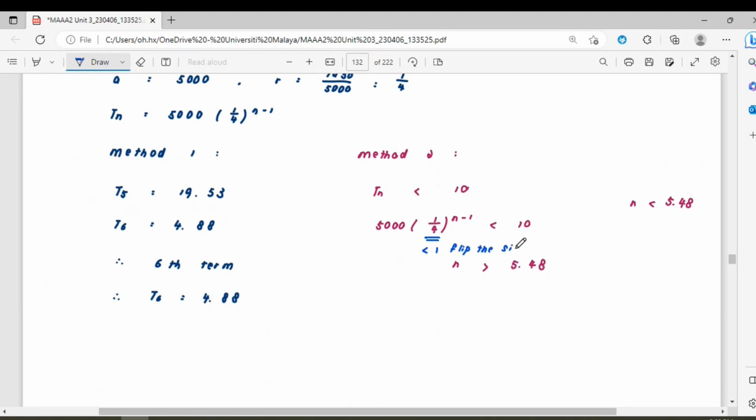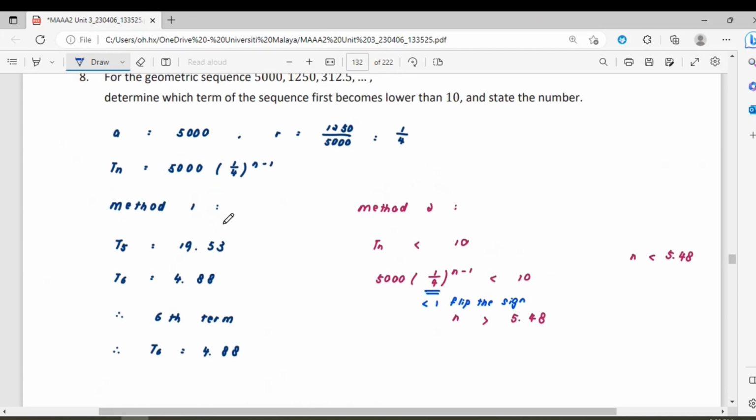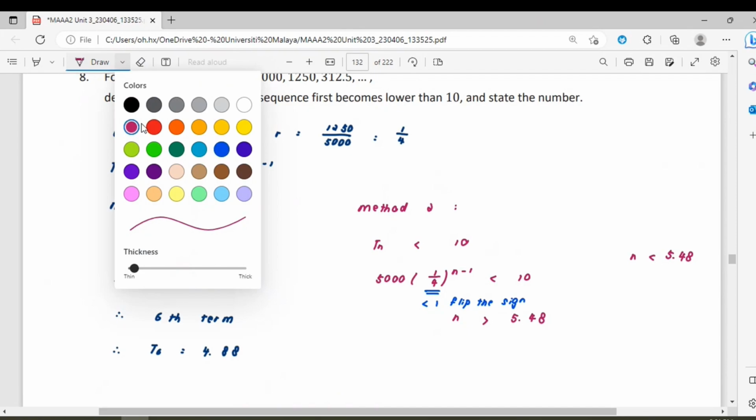As simple as that. So if you were to ask me, I will say that the first method is still much more useful and much safer to use. Especially when we are talking about finance, we will use the first method most of the time. But knowing the second method can help you check your answer a bit, and maybe for those who like to solve equations, you will prefer this way.